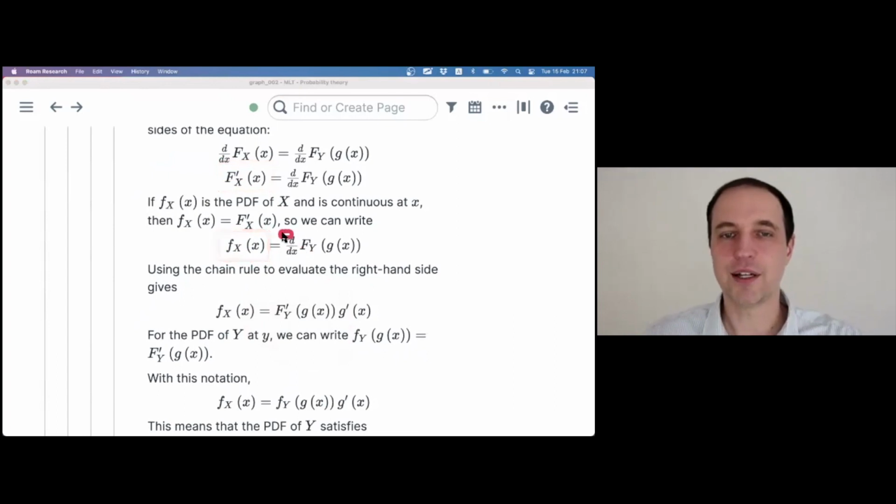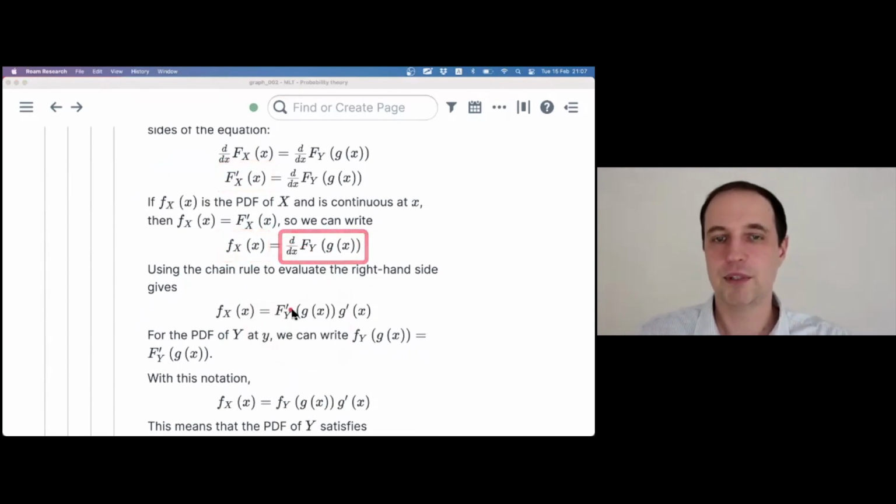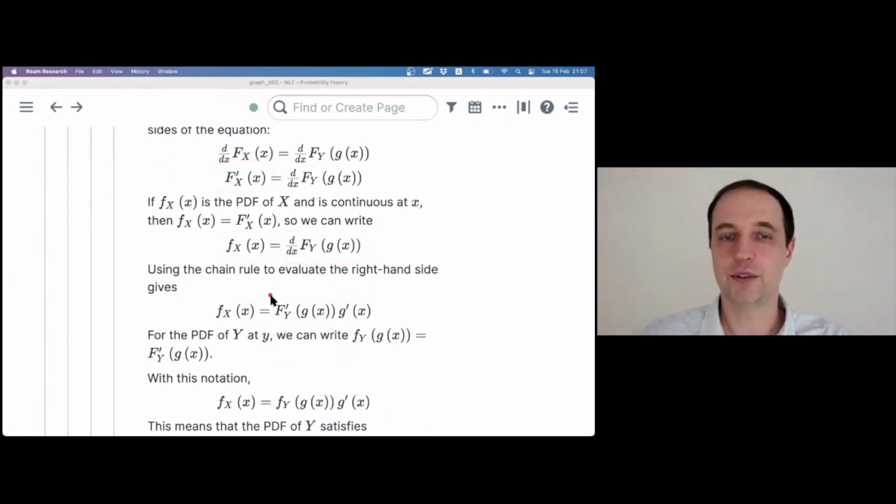On the right-hand side, we have a slightly more complicated expression, but we can use the chain rule of calculus to evaluate that if everything is differentiable. We are going to get the derivative of the outer function times the derivative of the inner function. At this moment, we recognize this f prime as the PDF of y.